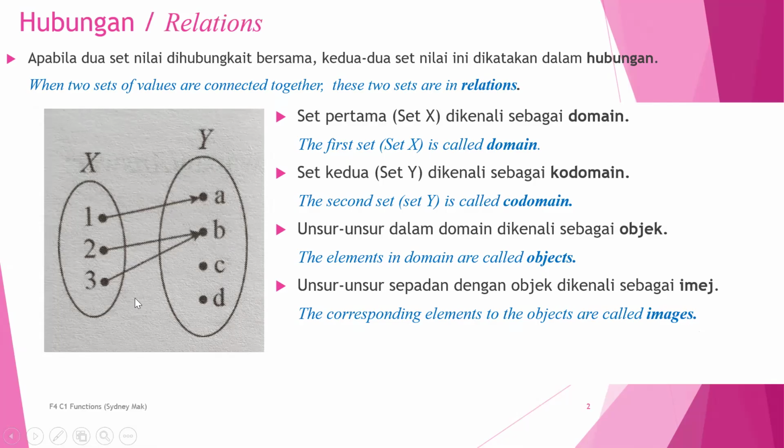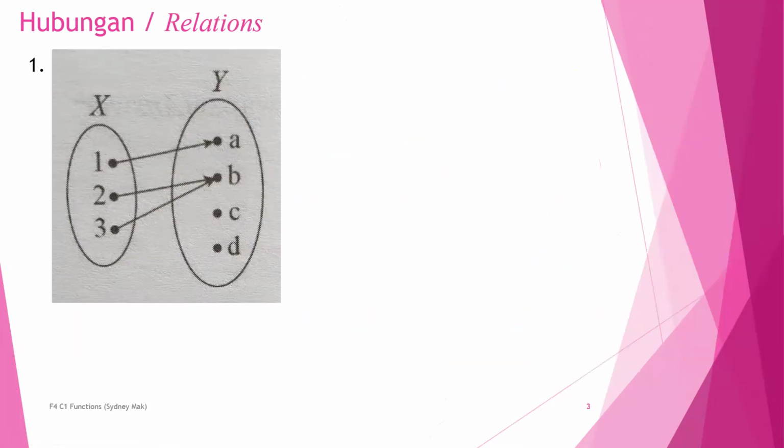Now object refers to the element, so you just write 1, 2, 3. You don't write a set. The set X refers to the domain, refers to the set. So when you write the set, you have to use the curly bracket, the set notation. Let's write the domain.